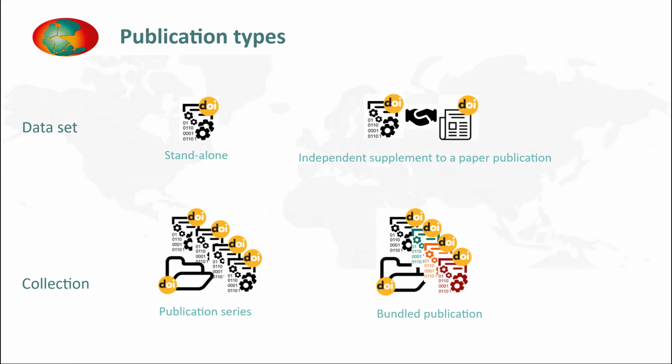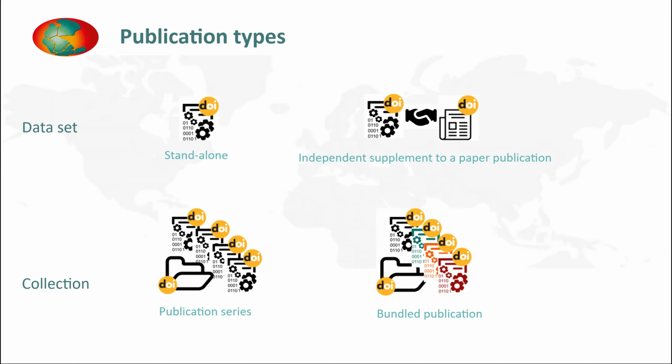The publication series is a collection of data sets that are very similar. For example, data sets measured during different stations of a single expedition. Also, this publication series might be some meteorological series, and every month you add new data to that. So these collections can also be open-ended.